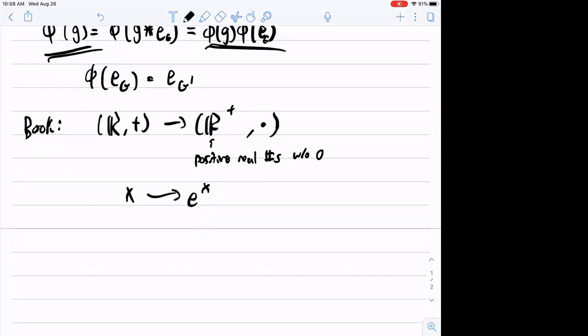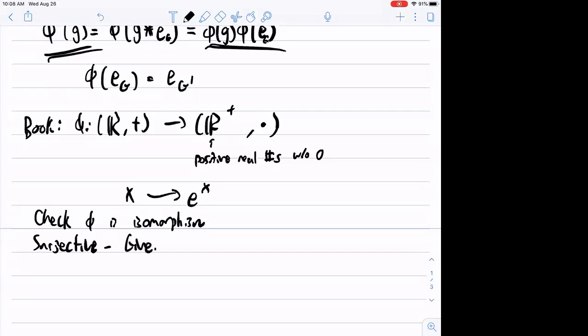So let's check phi is an isomorphism. It's certainly bijective. How do you check it's surjective? This is math 2b. Given R a positive real number, what maps to R?